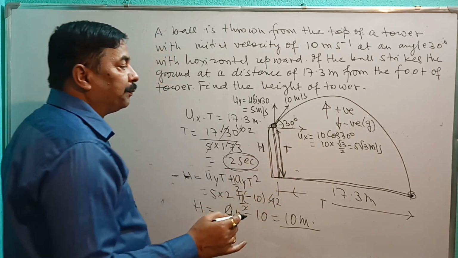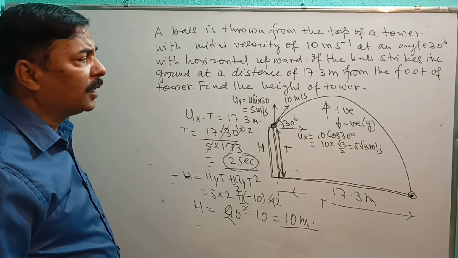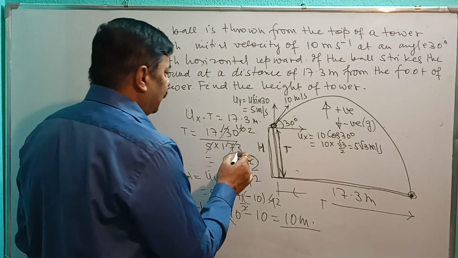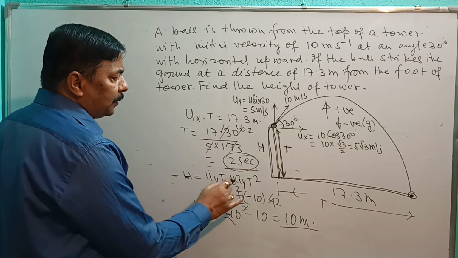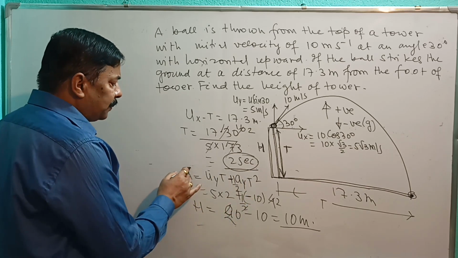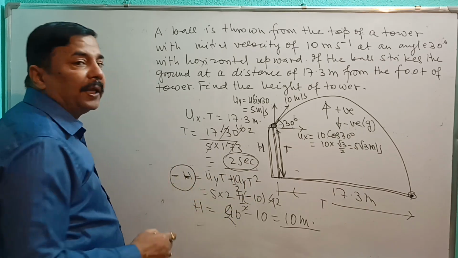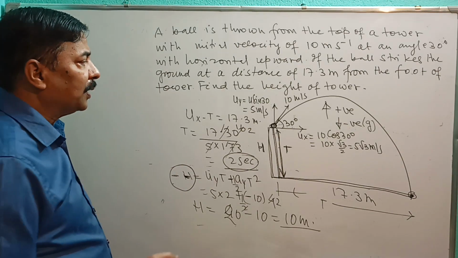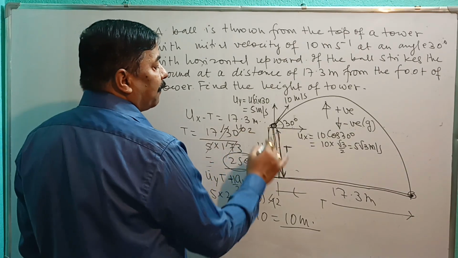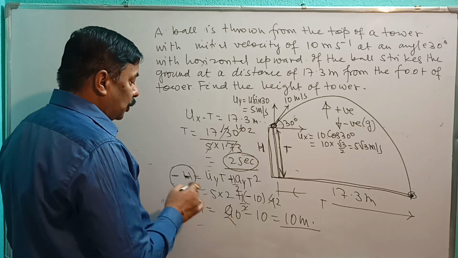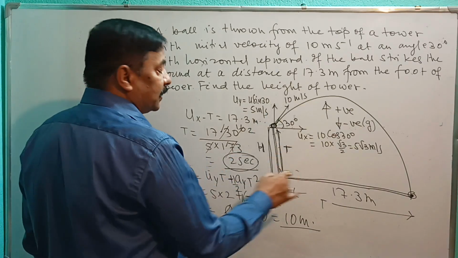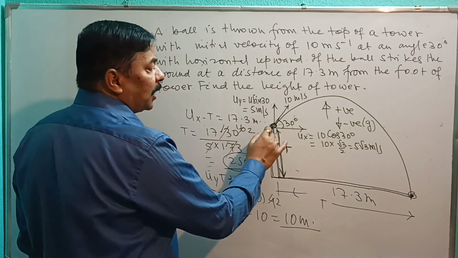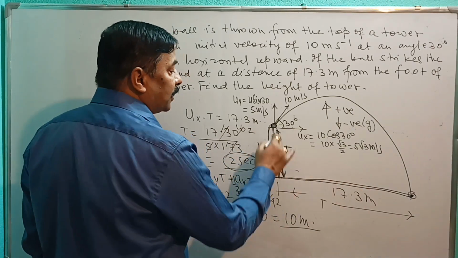height of the tower. Now, don't get confused. Here, in the formula, h is equal to uy t plus half ay t square, this basically represents your displacement. That means distance between initial and final position. So it is not distance. Don't get confused by distance. It is displacement. Initial position and final position in vertical direction.